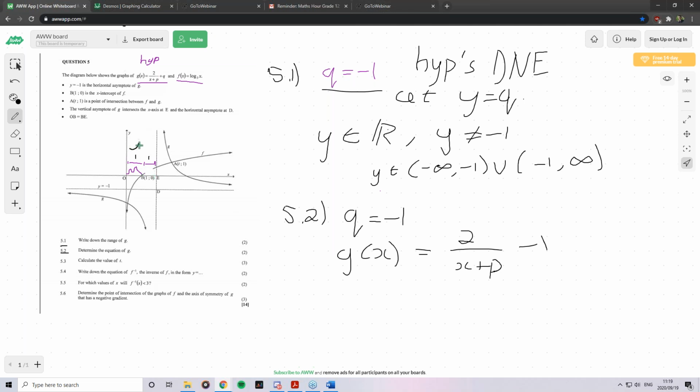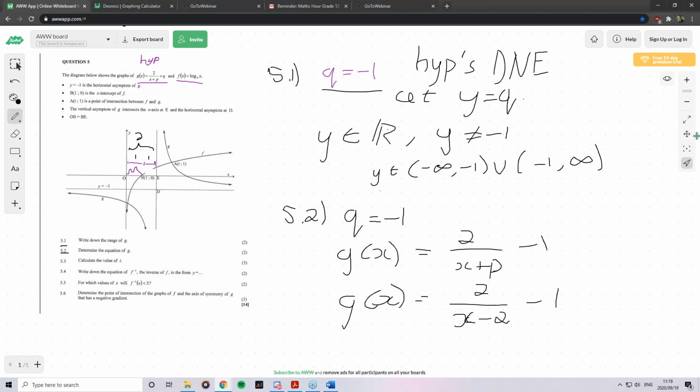So what does it make this entire distance? It makes it 2. So I have that the vertical asymptote is x equal to 2. So I just substitute in: g(x) is equal to 2 over (x minus 2) minus 1.